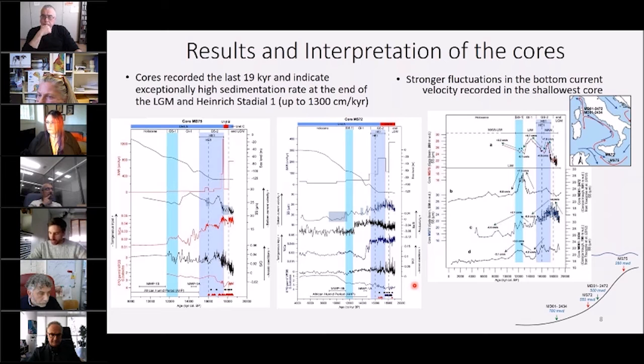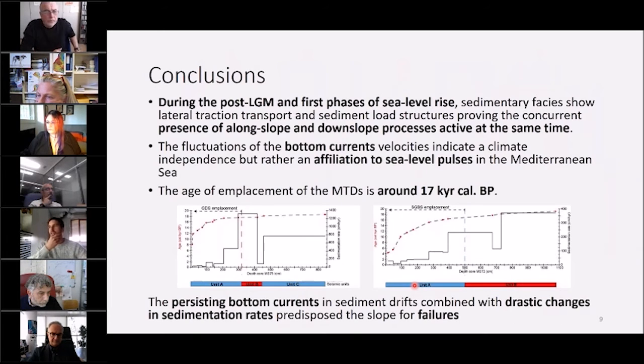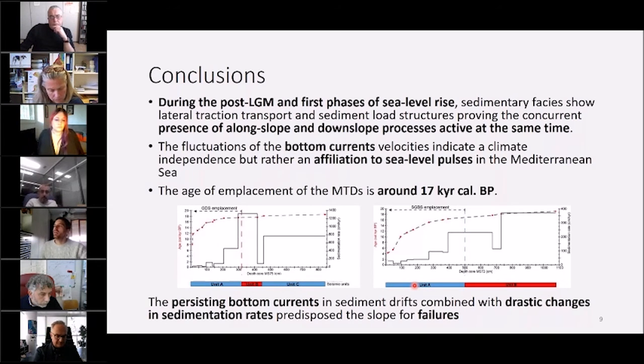But I'm going to explain in the conclusion what we observed during the post-last glacial maximum and the first phase of sea level rise. We saw very typical sedimentary facies with lateral traction transport and similar structures proving the concurrence. So we have the presence of both along-slope and downslope processes active at the same time.